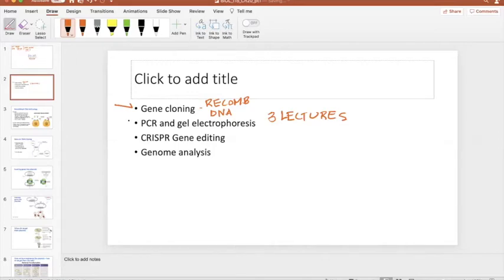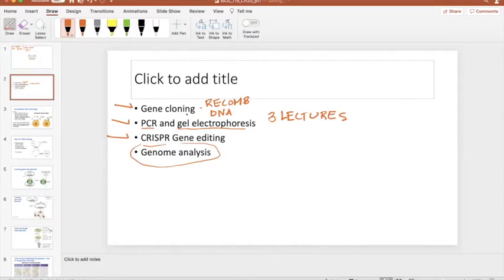The next lecture, which will be posted in the next day or 2, is going to be over the polymerase chain reaction and how we analyze that, which is a process called gel electrophoresis. And then our last lecture will be over a really hot topic right now, which is on gene editing using a system called CRISPR. Usually it's CRISPR-Cas9. You may have heard of it. And I will also just mention briefly some information on analyzing genomes.